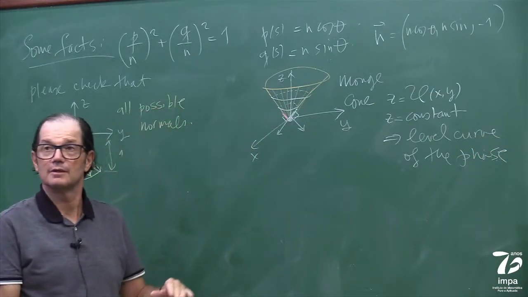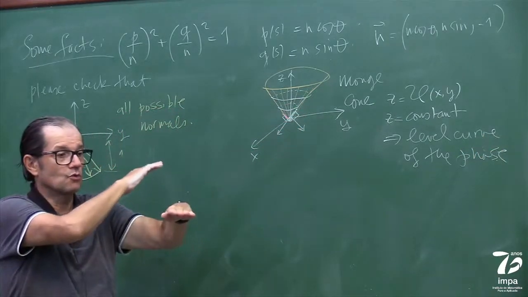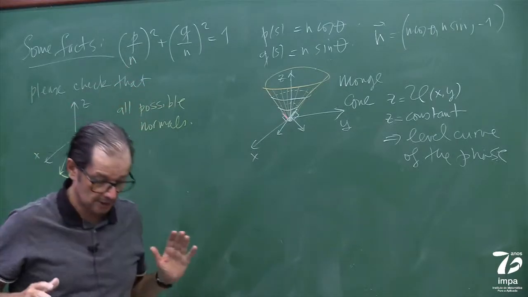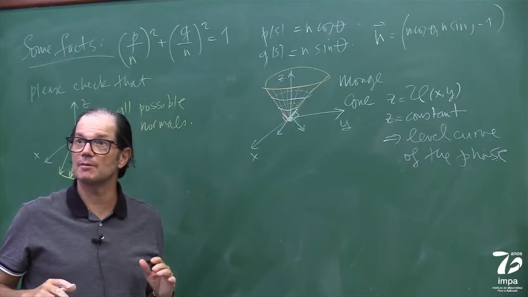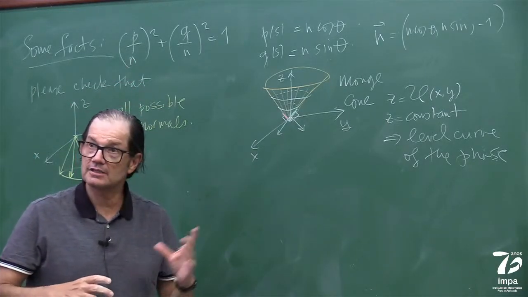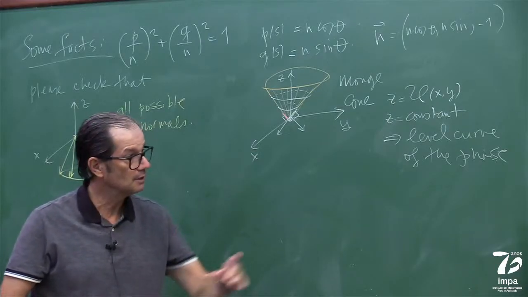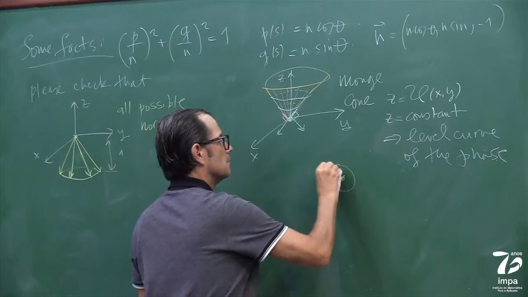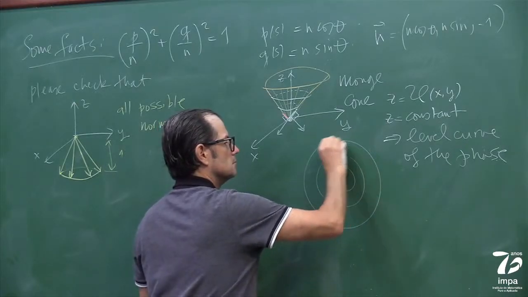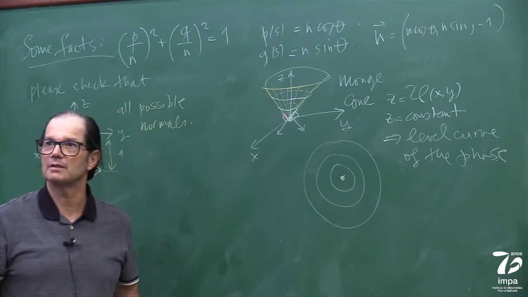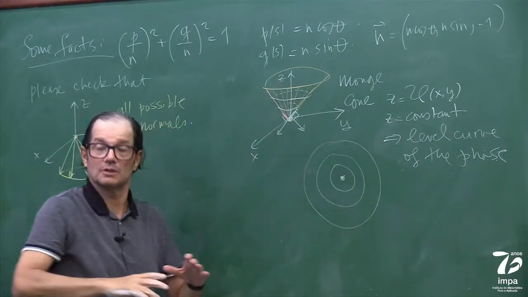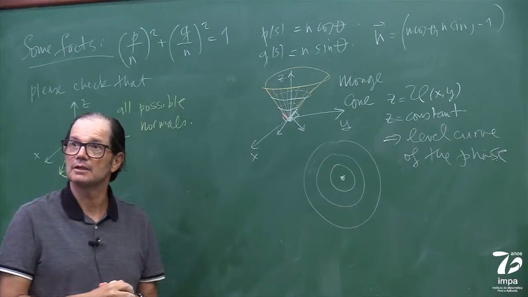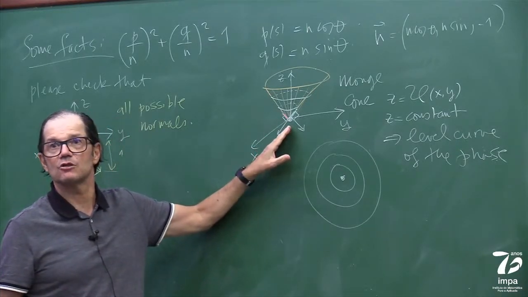Do you agree? So if I cut the cone and look at these level curves from above, it's a circular cone, so I see that picture I had drawn before. Let me draw it here. I would see something like this. That's how the fronts propagate, because I'm cutting the cone and looking from above. So that's for the case of a singular solution.